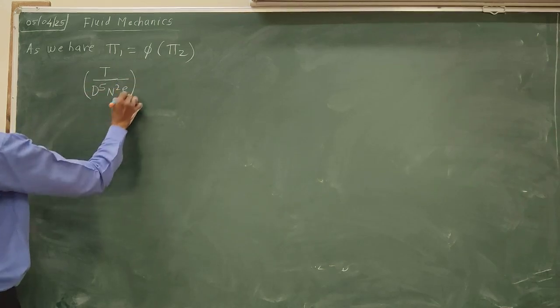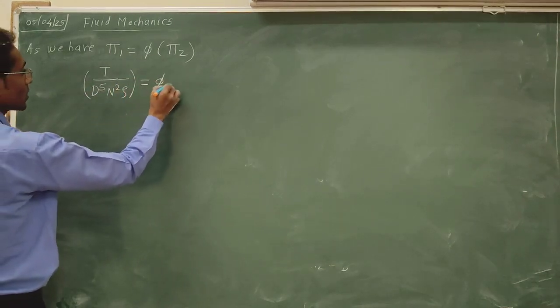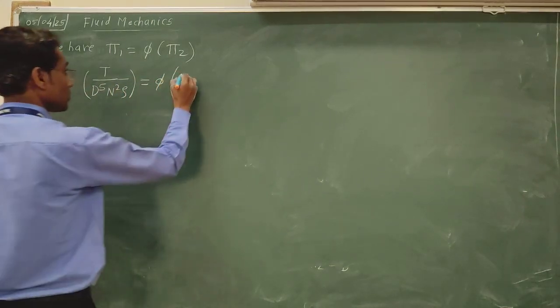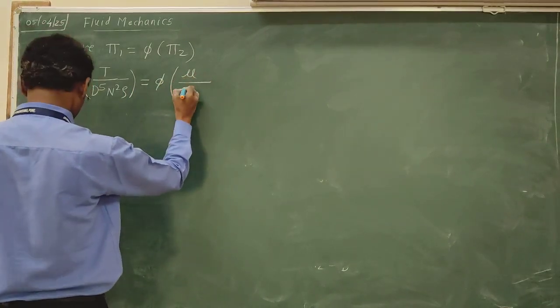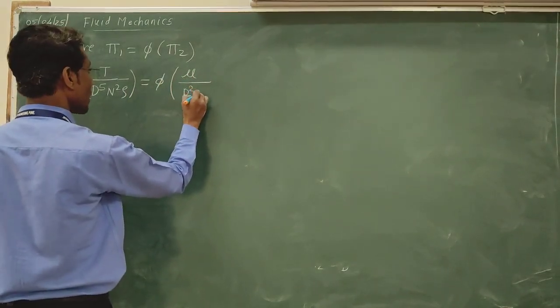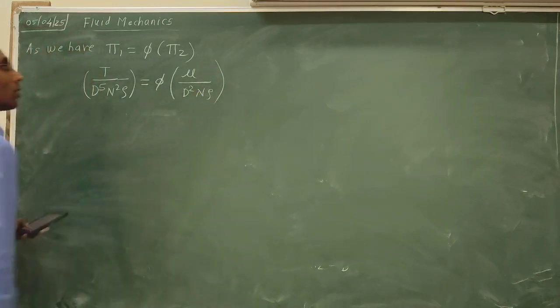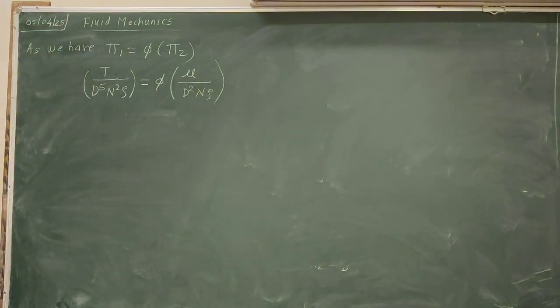This is the pi 1 term, which is a function of the pi 2 term that we obtained, that is mu upon d square and rho. So we have to write it in this way: one term is a function of the other term.